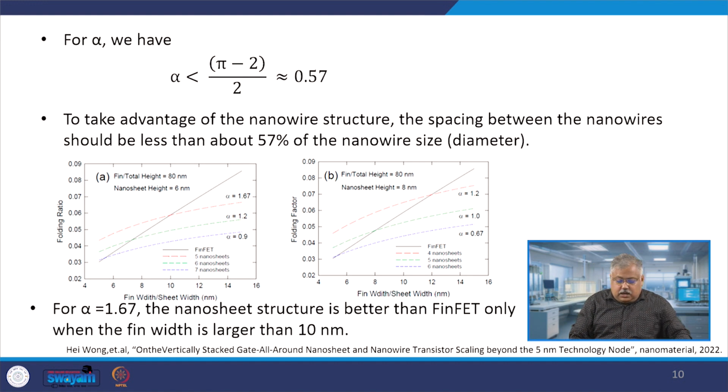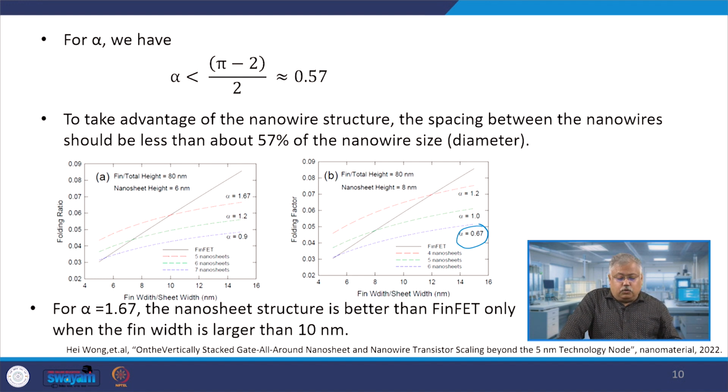And as you can see, on the left hand side the folding ratio, on the right hand side also folding ratio, 0.67 being the lowest one, and when you make alpha larger and larger, the folding factor also starts to increase. So, this is for various values of nanosheets, right. Similarly, if you look at the left hand side, as you increase the value of alpha, the folding ratio also increases for a larger number of nanosheet wires.